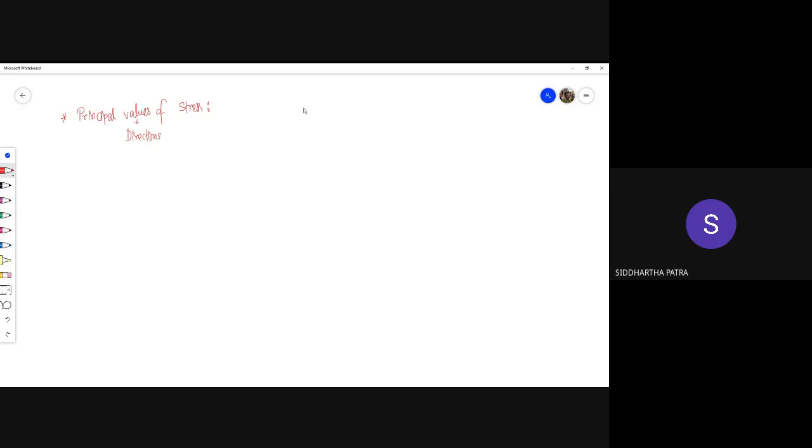Okay. Now stress, as we have learned, is a symmetric matrix. Okay. Because of angular momentum balance, and if there are no distributed moment, then it is a symmetric matrix.